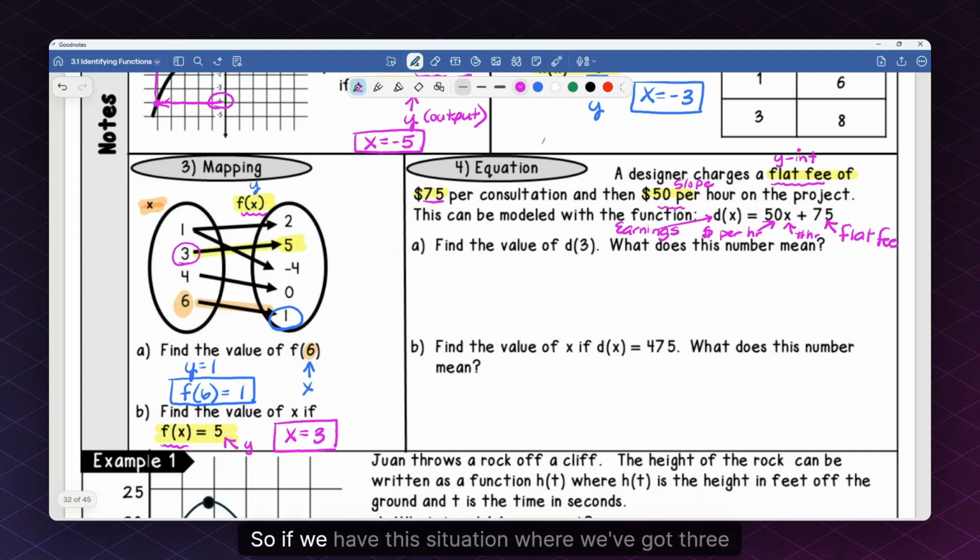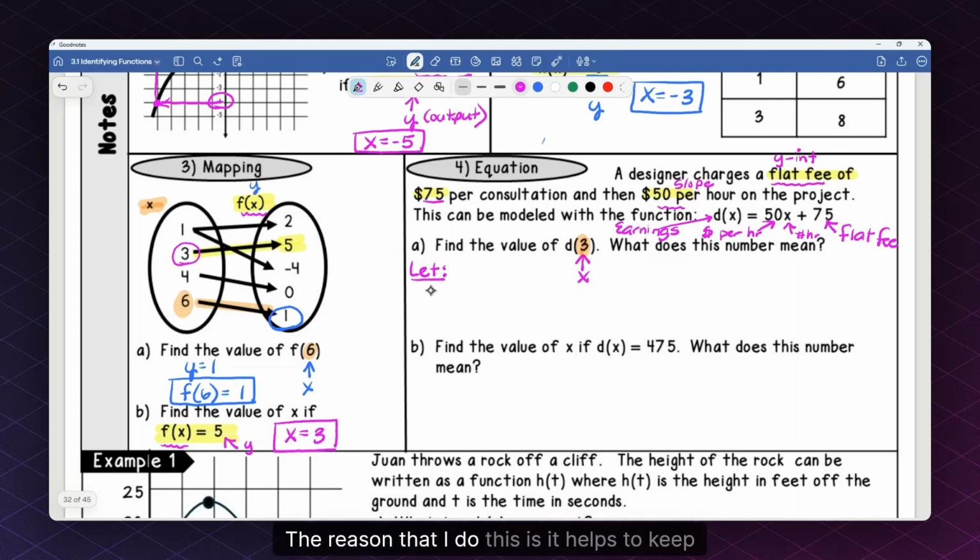So if we have this situation where we've got 3 in the middle of my parentheses, we know that the number in the middle of the parentheses is my X value. Let's take a moment and remind ourselves what we said was our X and our Y. I'm going to define my variables real fast, as a let statement.